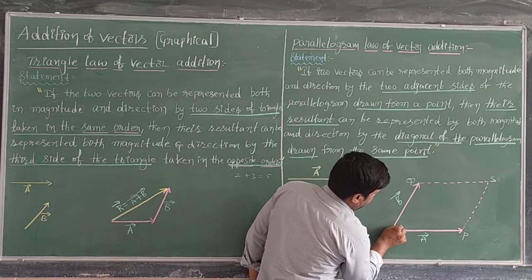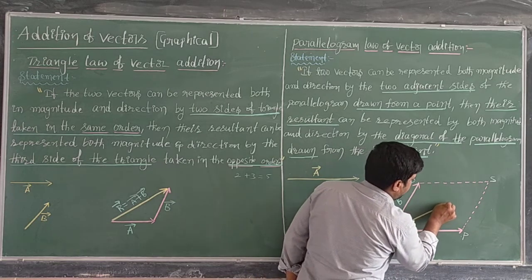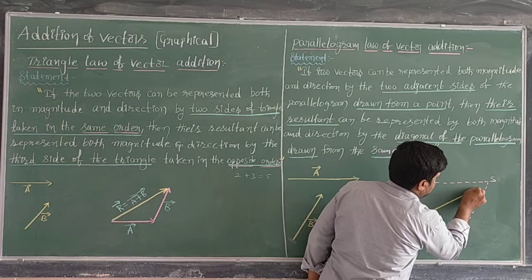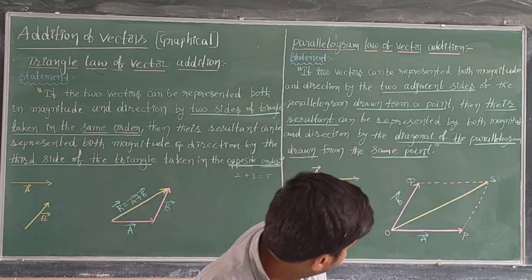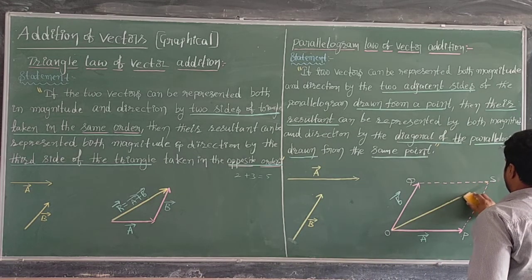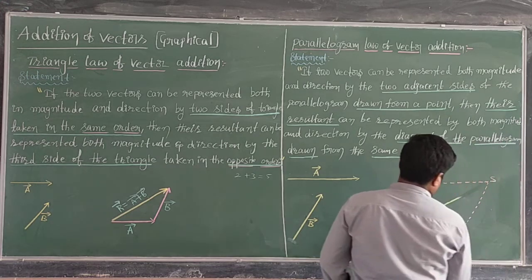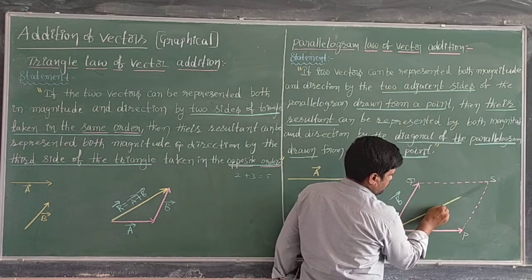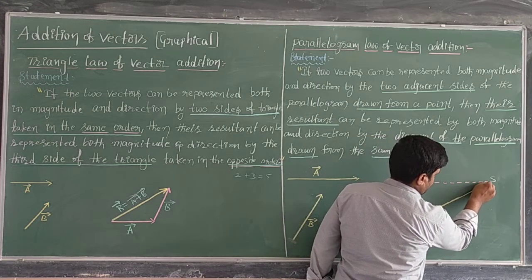See, I am going to draw the diagonal here like this, from this point to the opposite corner.